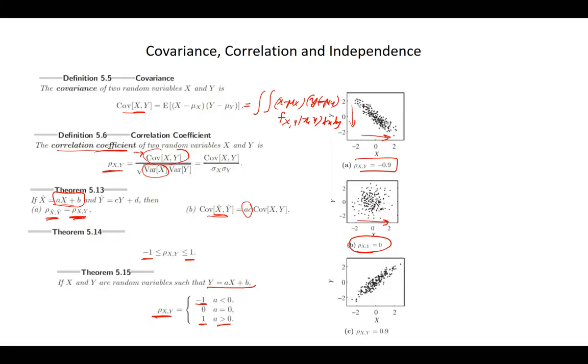X increases, y unsure. Okay? When there is a positive correlation, which corresponds to highly correlated random variables, when x increases, y increases too. So by looking at the correlation coefficient, we may have an idea about how these two random variables are related.